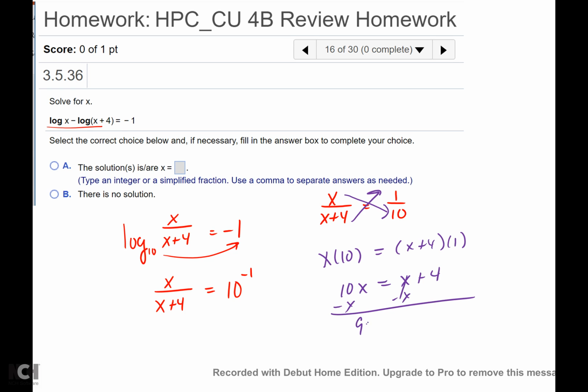I get 9x equals 4. Divide by 9. Sorry. And x equals 4 ninths. And they want a fraction, so that would be 4 ninths. Alright, remember to check your answers. You can't ever take the log of something negative. And that would be okay.